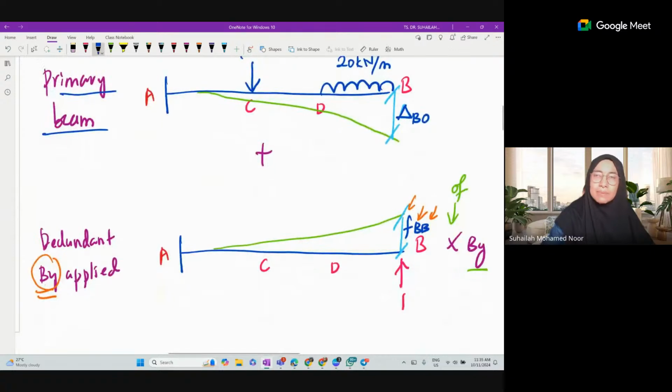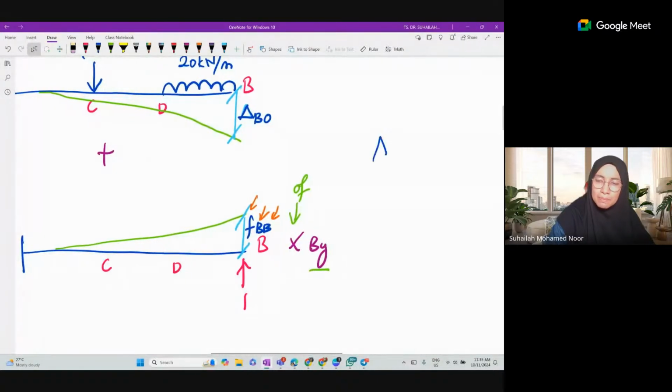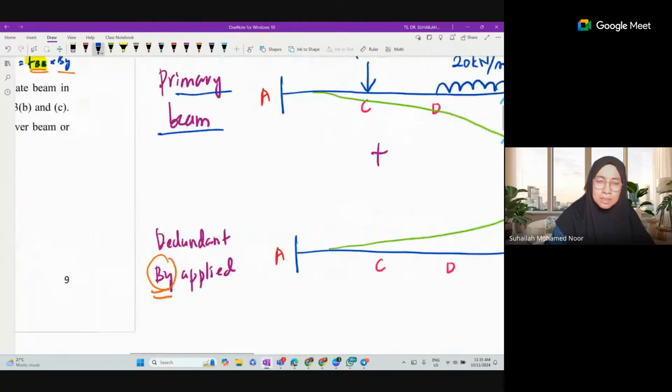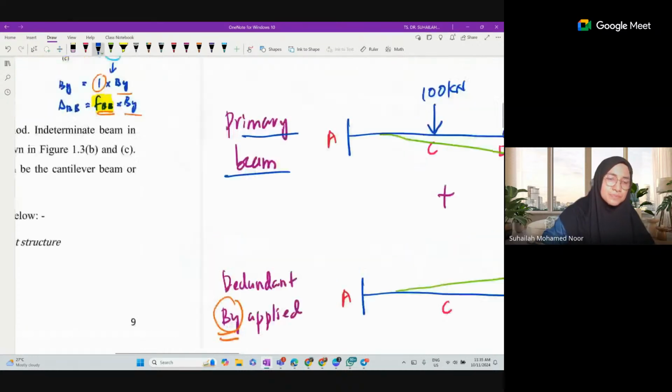Okay, redundant BY applied, because of the unit value. So we use F, because delta BB is FBB times BY.